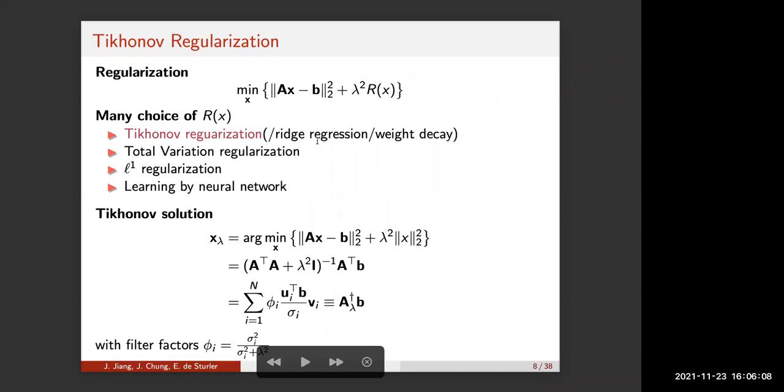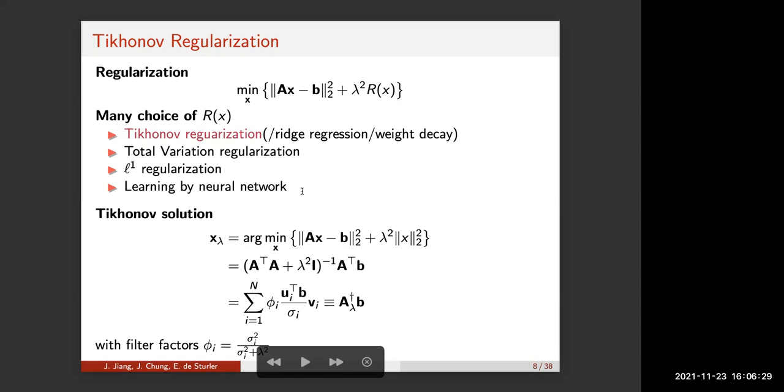If we want to mainly focus on the boundary or the shape of the image, we can use a total variation regularization. Or if we have some prior knowledge about the image, like if the image is very sparse, we can use the L1 regularization.